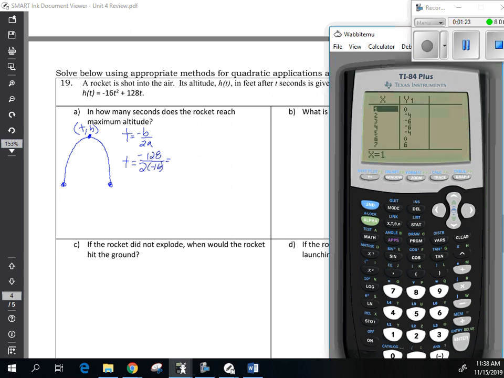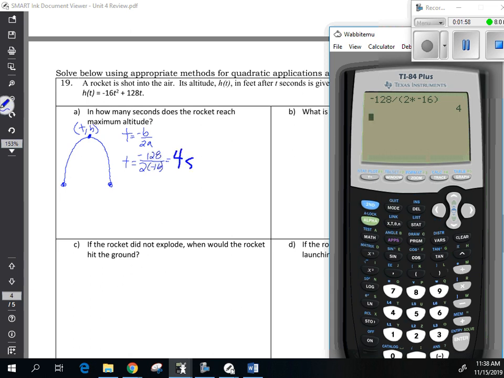I'm going to put negative 128 divided by, and when I do 2 times negative 16, I put it in parentheses, and press enter, and that gives me an answer of 4.